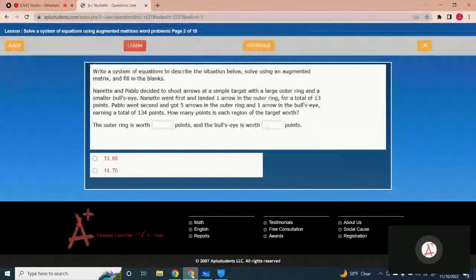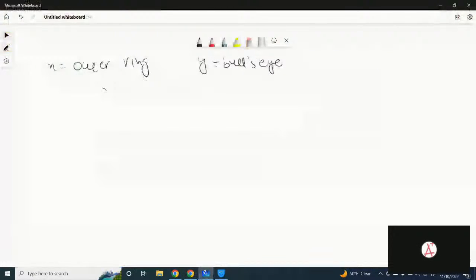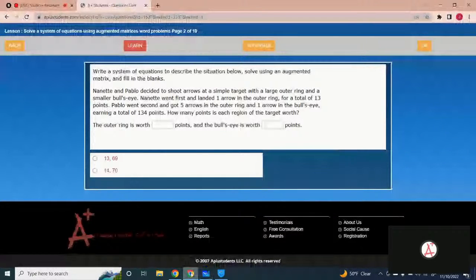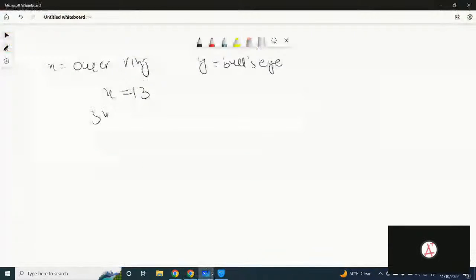Nanette went first and landed one arrow in the outer ring for a total of 13 points. So one for the outer ring, the variable x, so it would be x equals 13. And equation number 2: Pablo went second and got 5 arrows in the outer ring and 1 in the bull's eye. It would be 5x plus 1y equals 134.